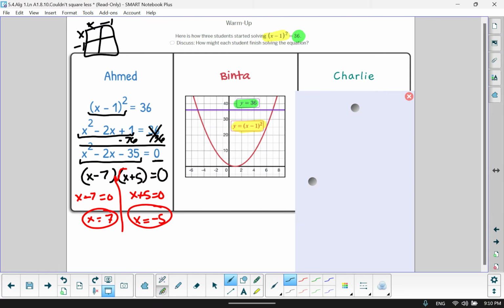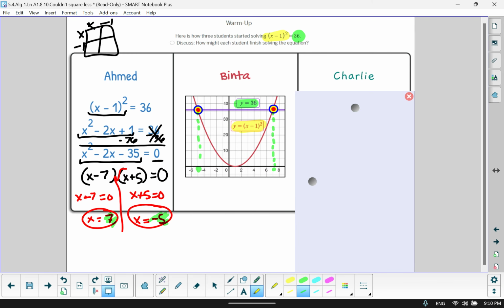And, as you can see, they do in fact hit each other. Lo and behold, they hit each other right where x equals -5, got it, and where x equals 7, they would be the same values.